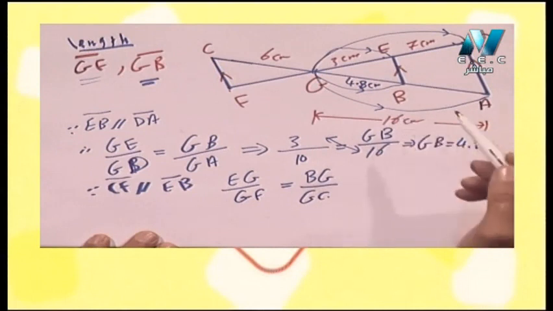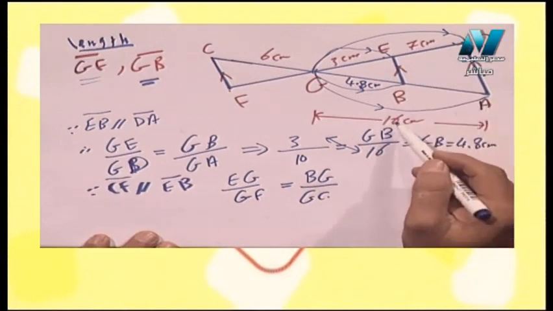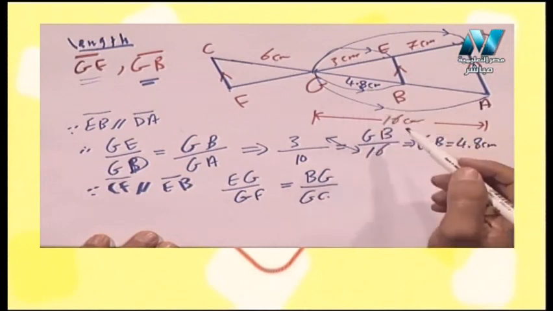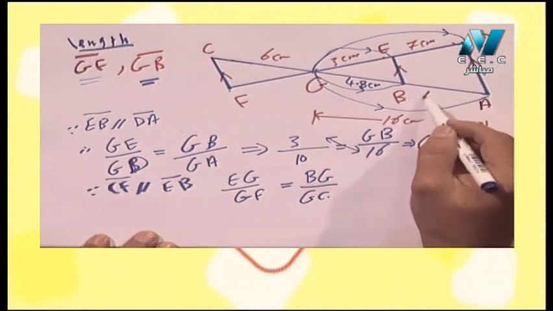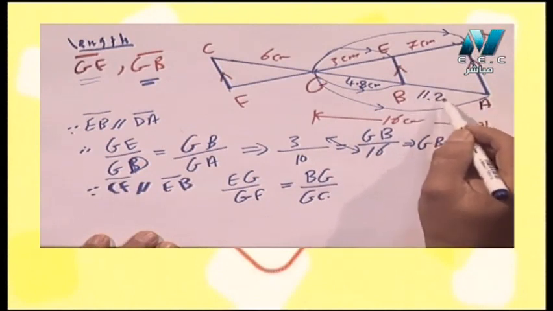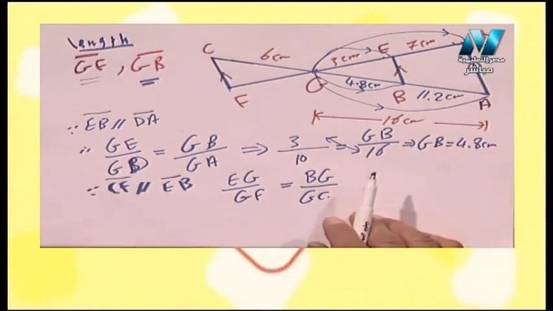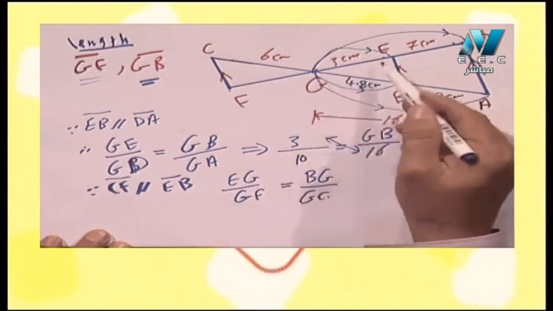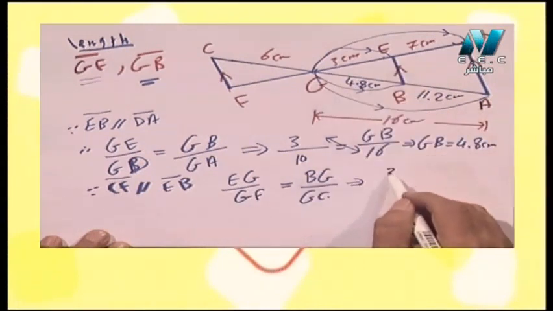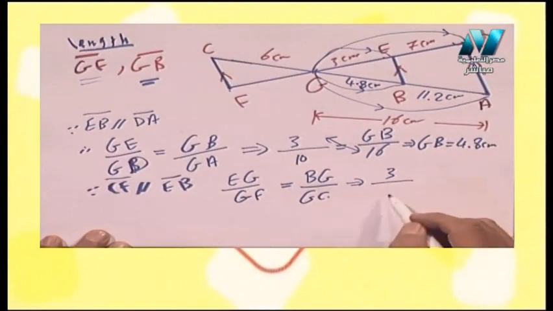We can find out BA by subtraction. 16 minus 4.8, say 16 minus 5 will be 11, so it will be 11.2 centimeters, if you want it. Here we have EG equals 3 centimeter over GF. We don't know it. It's unknown.